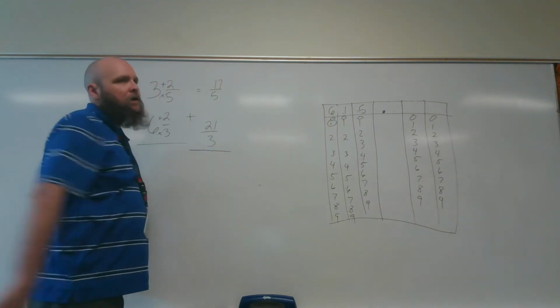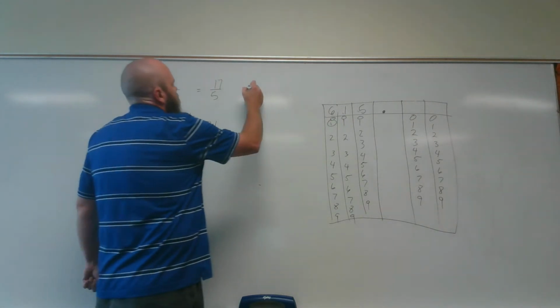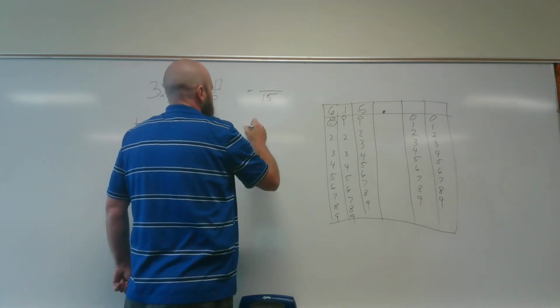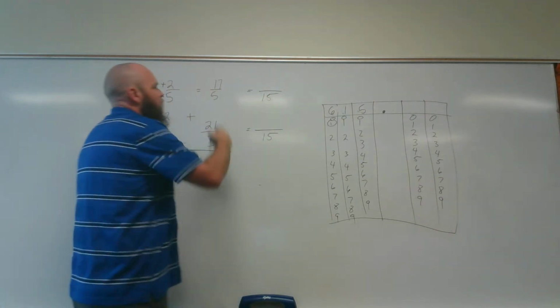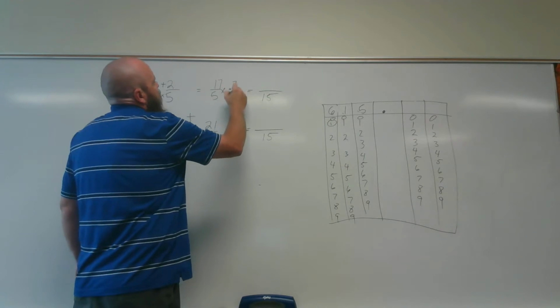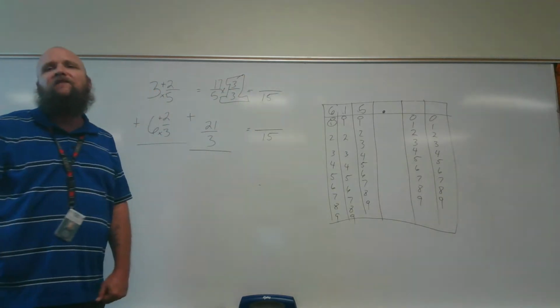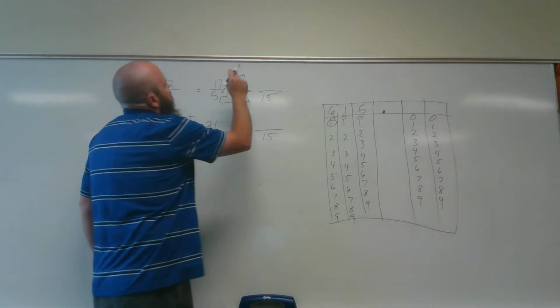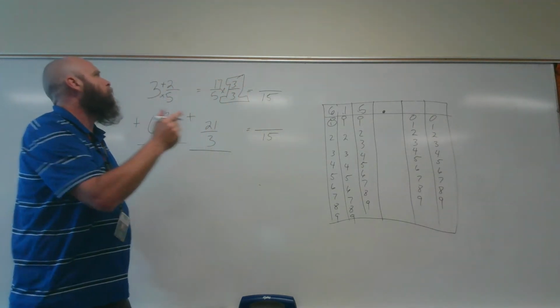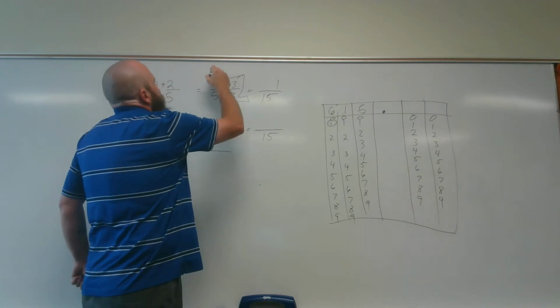All right, now we need a common denominator of 15. I have to figure out what I multiply by here. It's got to be a fraction that equals 1, so I don't change the value. 17 times 3 is 51.